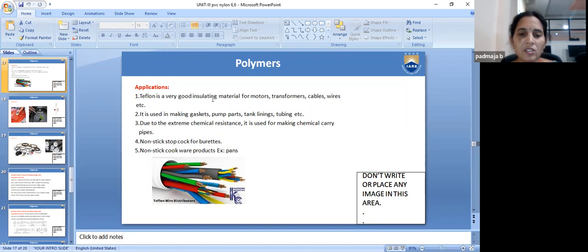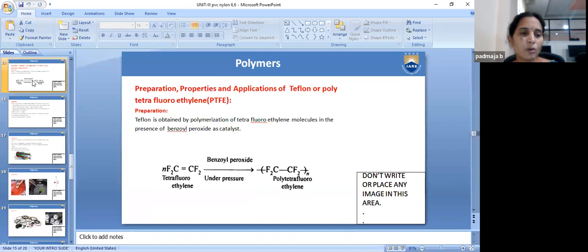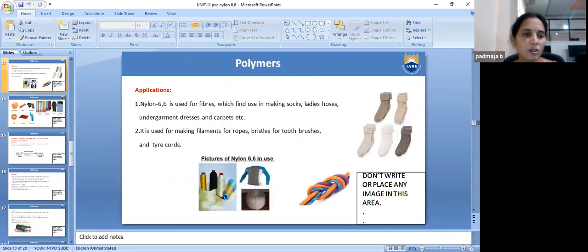But the applications of Teflon are different: non-stick stopcock for burette, non-stick cookware, chemical carrying pipes, tank linings, gaskets, motors, transformers, cables, wires. Remember, applications you have to learn, for these 4, and properties.